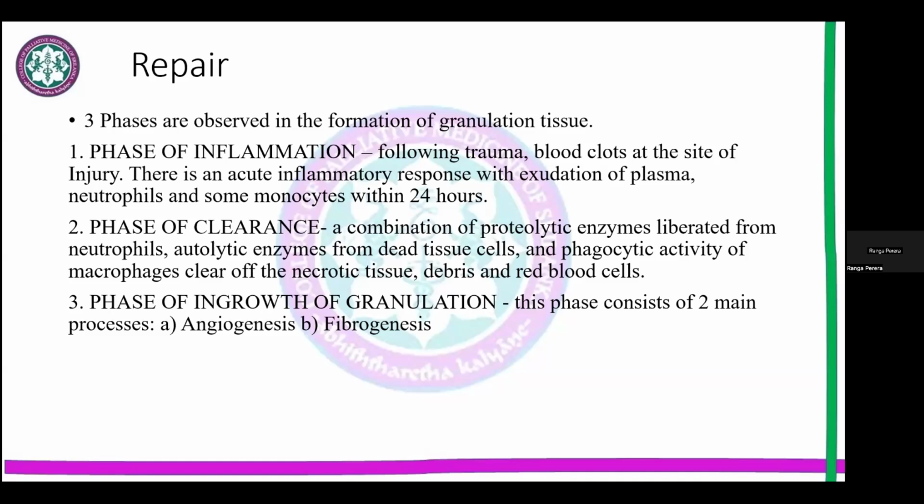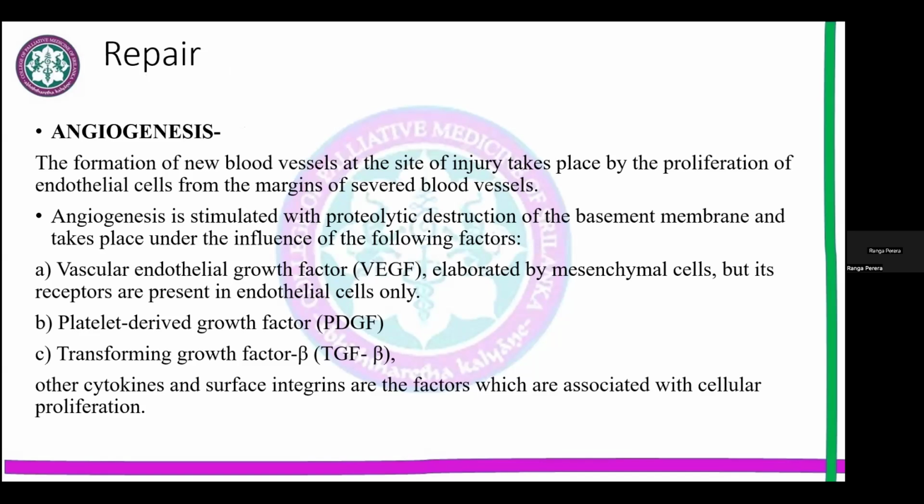When the gap is being engulfed or destroyed by the activities of the neutrophils, at the same time, underneath, the angiogenesis process will occur, and new blood vessels will form underneath, and another connective tissue layer will be formed by the fibroblasts, that's called fibrogenesis, and the angiogenesis and fibrogenesis will connect the damaged edges of the tissues and start healing.